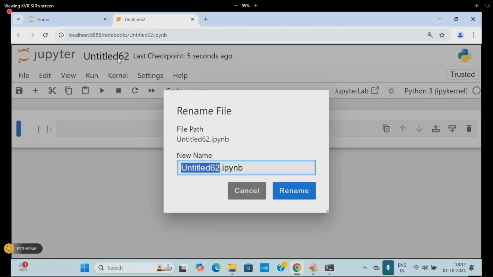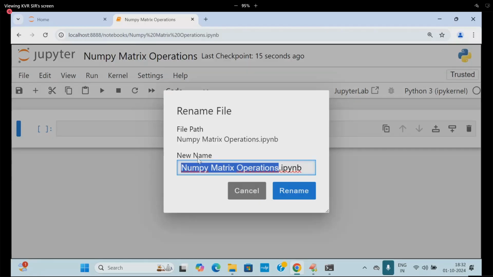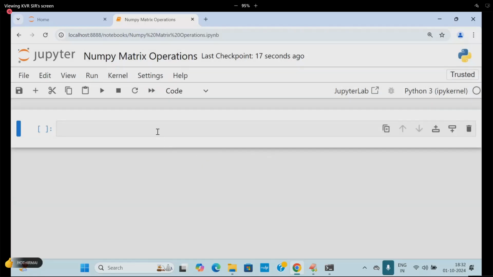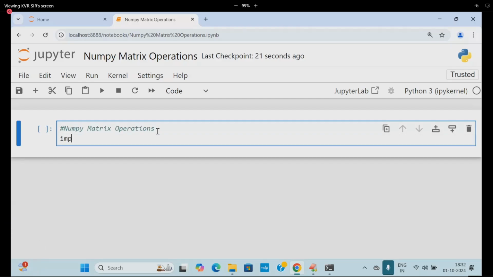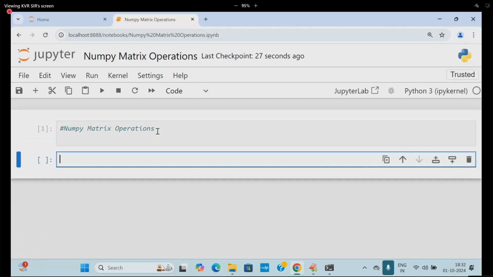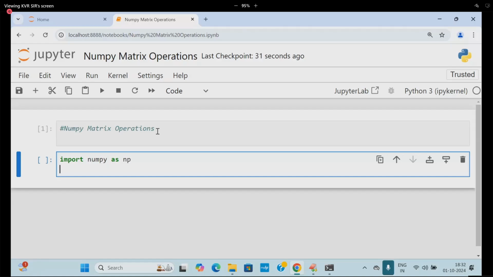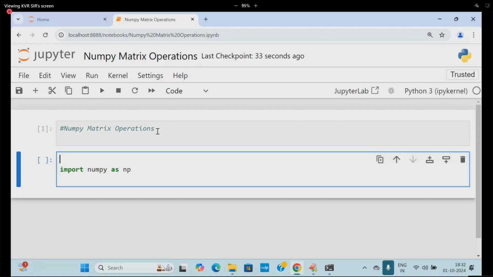NumPy matrix operations now. So try to follow now, students. Let us import NumPy, import numpy as np.